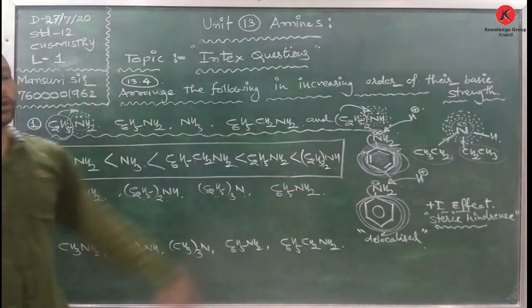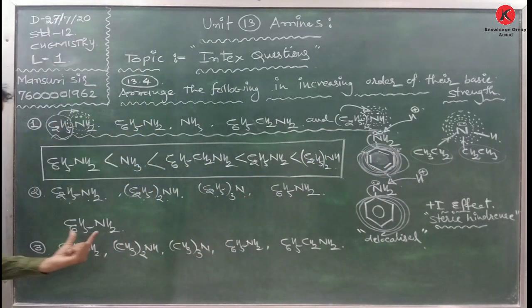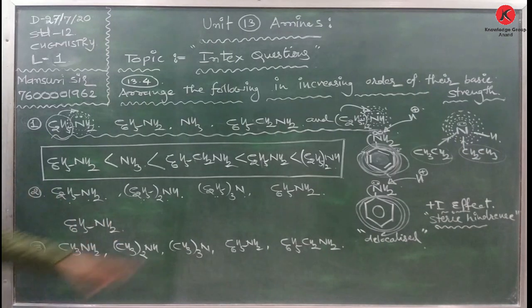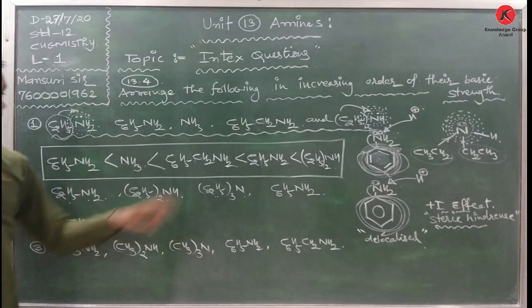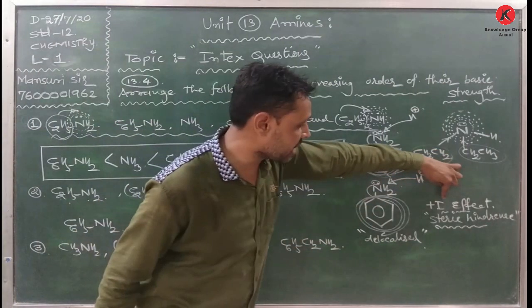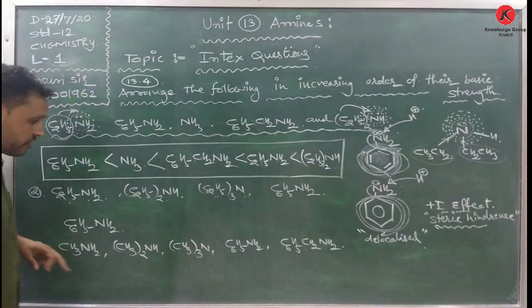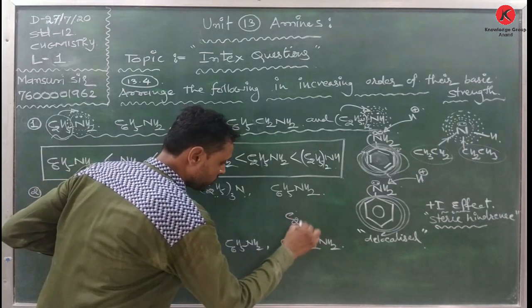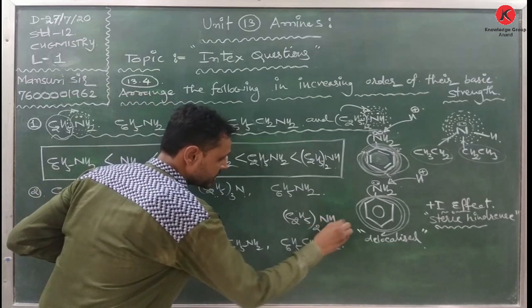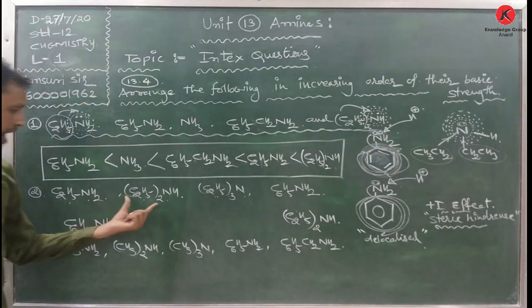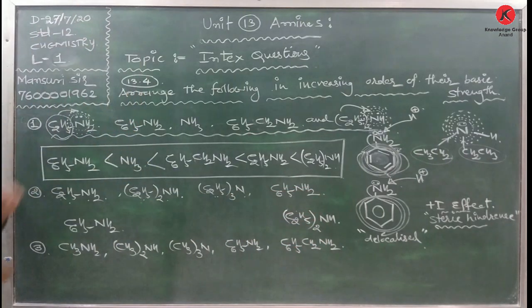Due to these two phenomena, aniline we put over here very first. Now here ethyl amine, diethyl amine and triethyl amine. Due to these two effects, plus I effect as well as steric hindrance, we have to put (C2H5)2NH, the secondary amine, diethyl amine, which is most basic of all these amines.